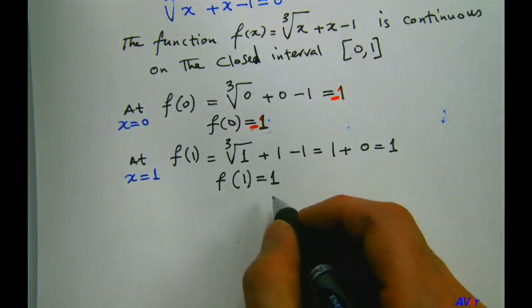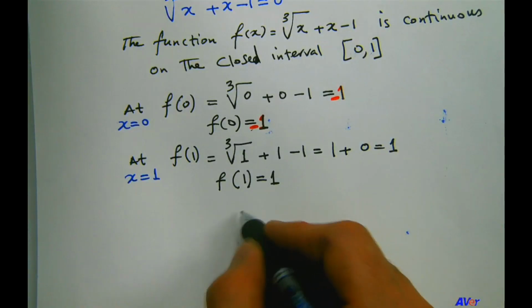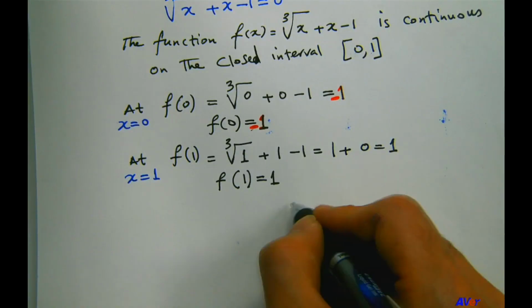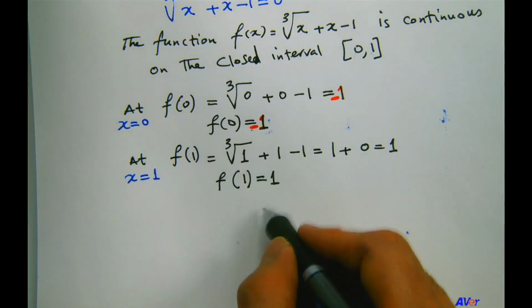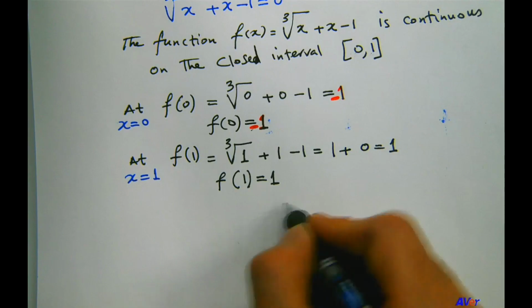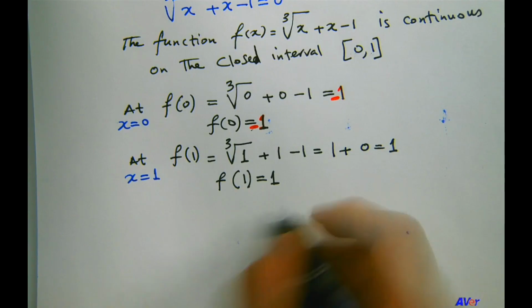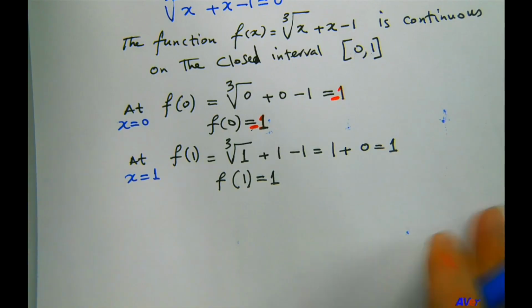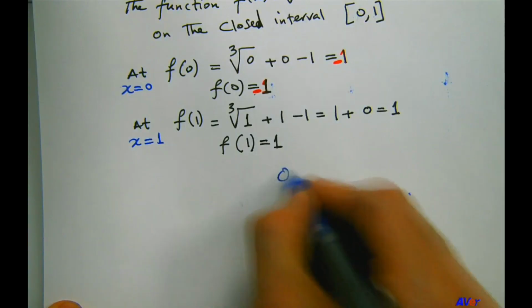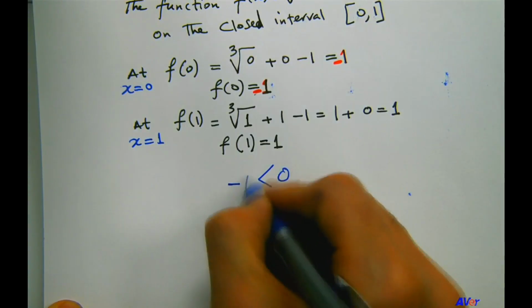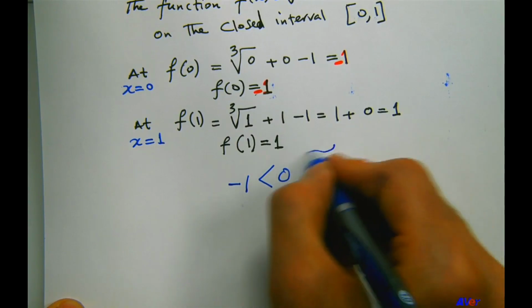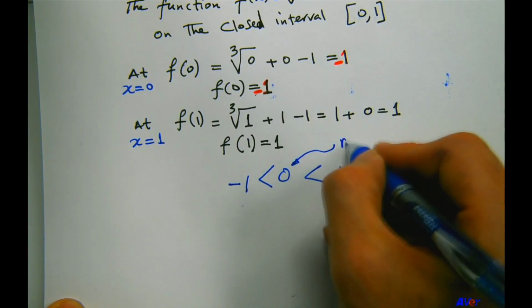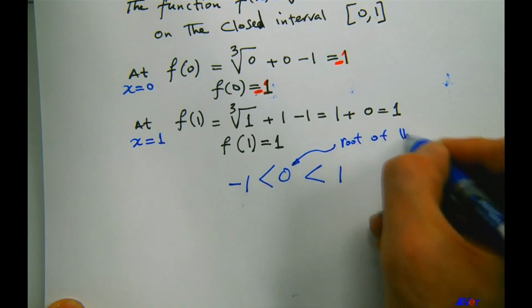So let's write this down. We have 0 and then minus 1, 1. So this would be the root of the function, right?